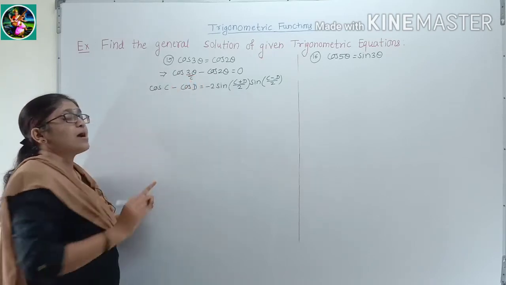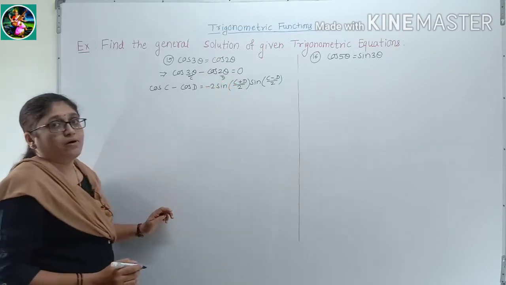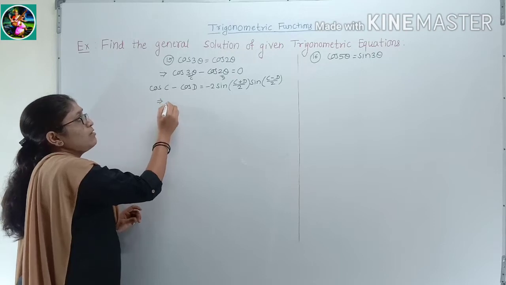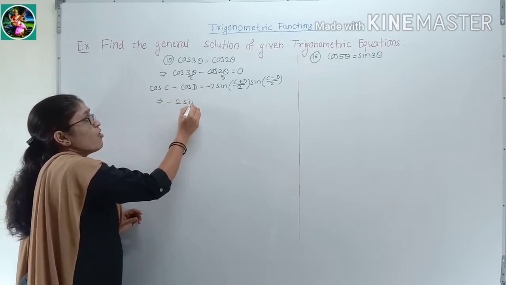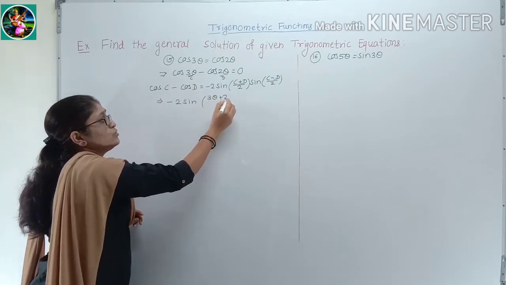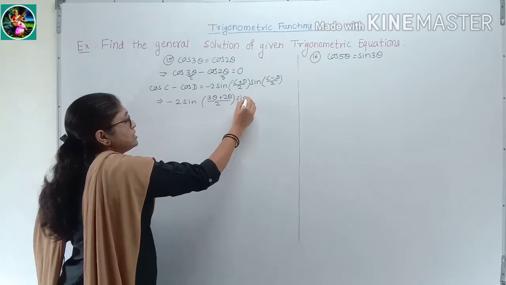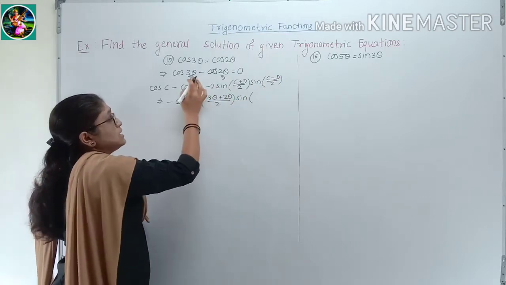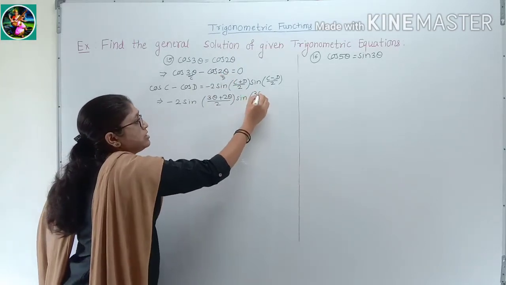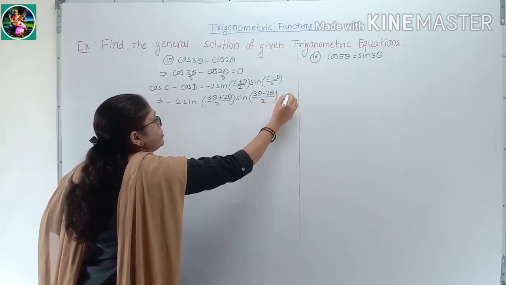That 3 theta stands for C now and that 2 theta stands for D now. Therefore, we apply this formula. We will get here minus 2 sine of (C plus D)/2, that means (3 theta plus 2 theta)/2, into sine of (C minus D)/2, that is (3 theta minus 2 theta)/2, is equal to 0.